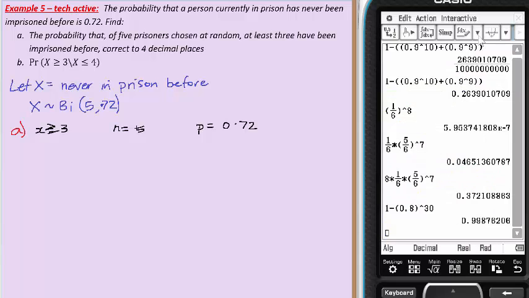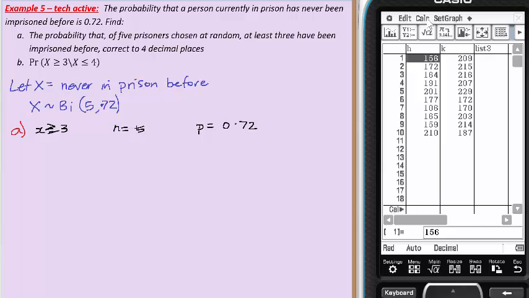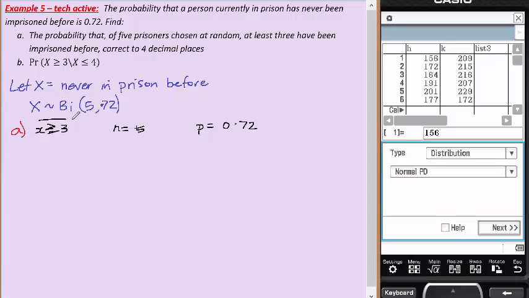We'll go to our statistics to calculate distribution. Because it's at least here, the minimum value will be 3 and the maximum value will be 5, and they're my values for x.